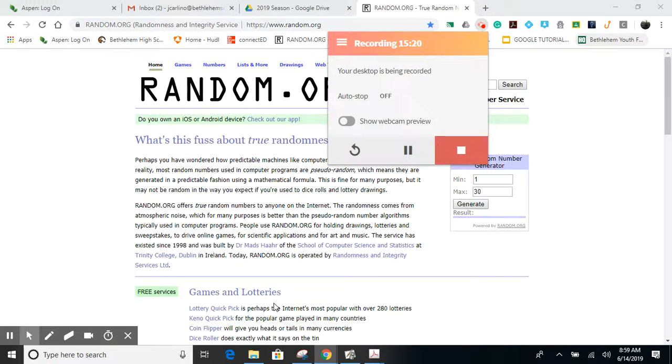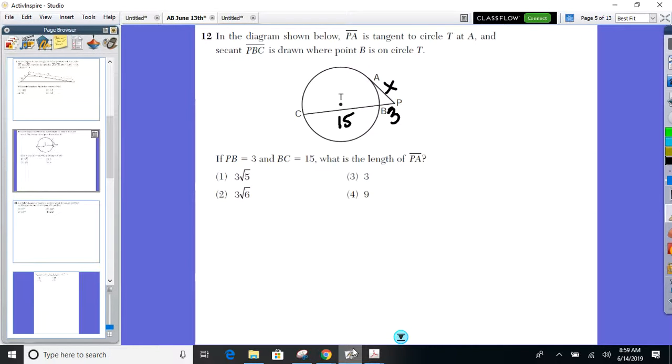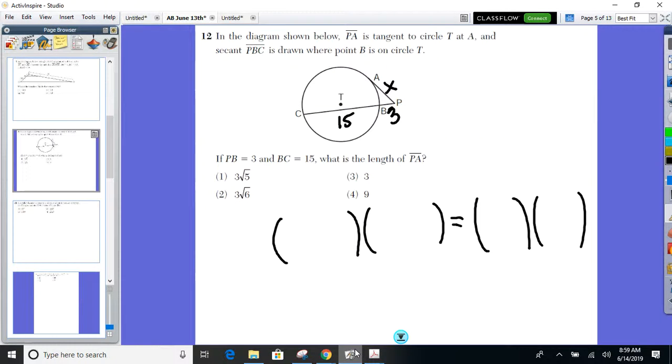So here we go. Let's start this off right with number 26. What can I set up here? There you go. Whole times external equals whole times external. Anytime I involve secants and tangents. All right, moving on. 16. Give me the whole secant length.